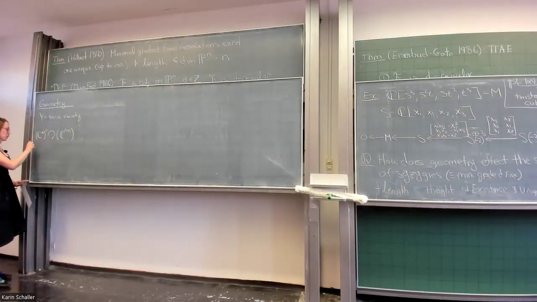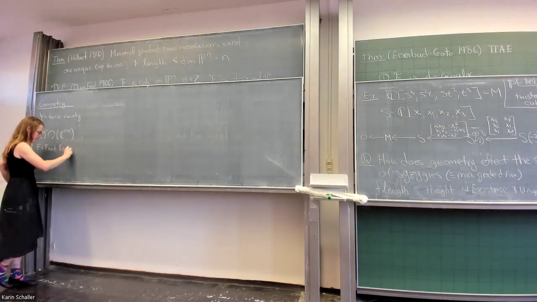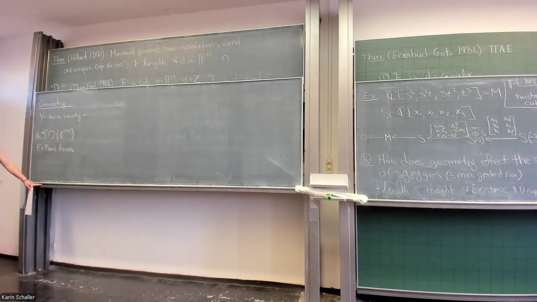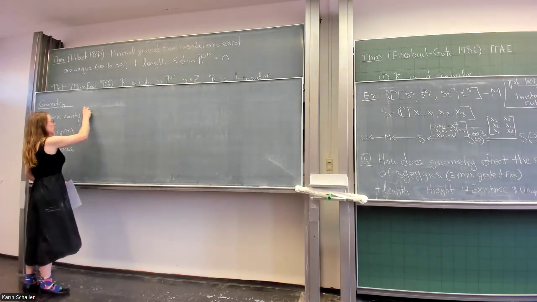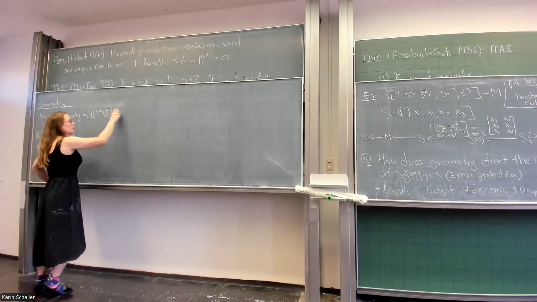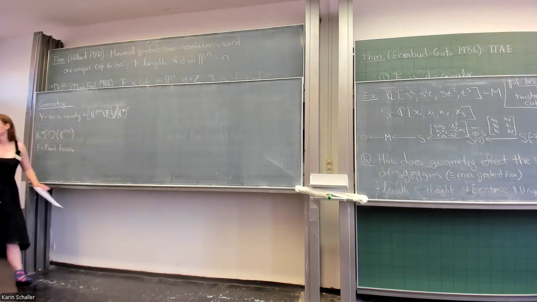This action might have some fixed points, which I'll call F. And my toric variety should be thought of as C^(n+1) without the fixed locus, quotiented out by the action of this torus.